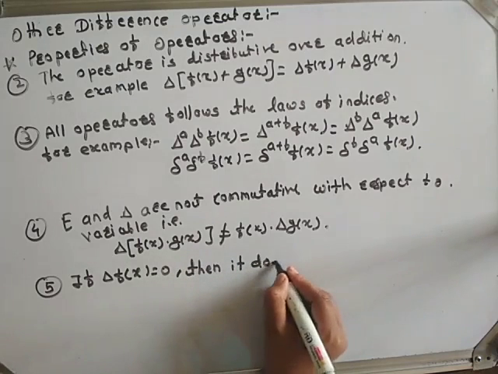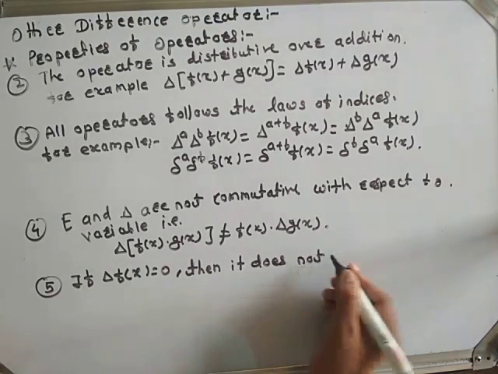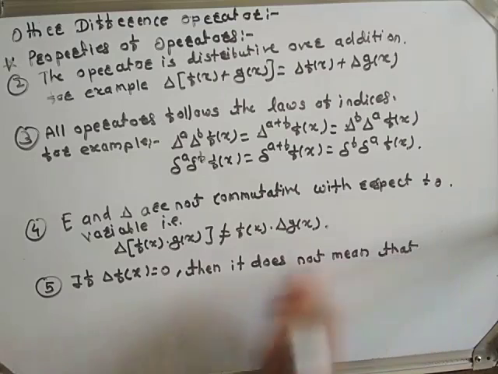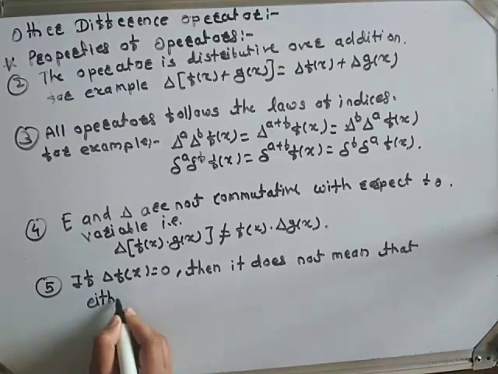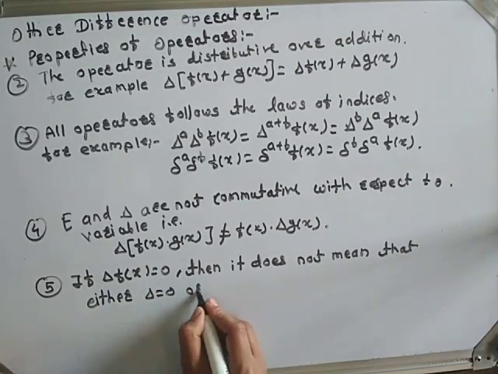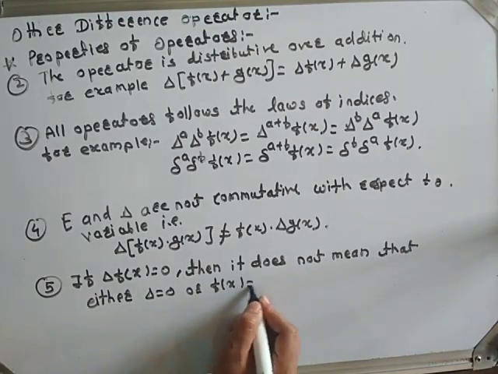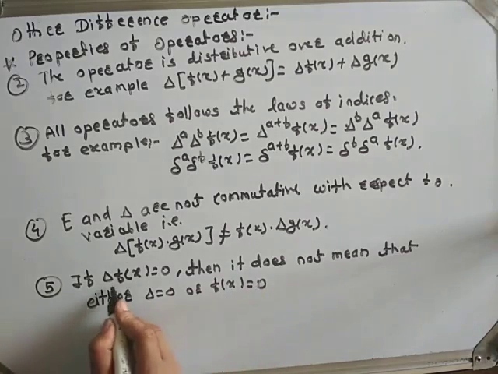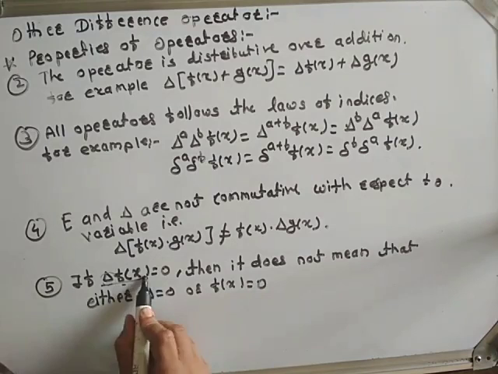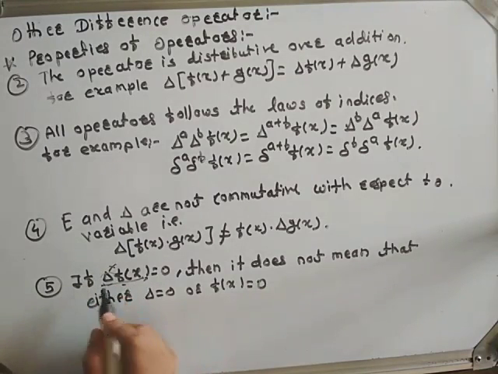And last property is, if delta of f of x is equal to 0, then it does not mean that either delta is equal to 0 or f of x is equal to 0, because this delta is an operator on f. It is not a product.